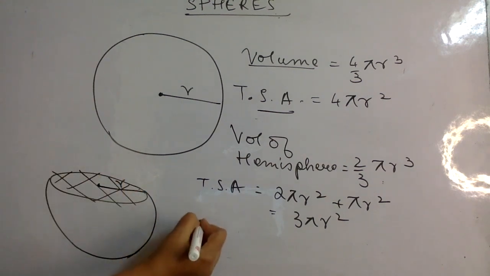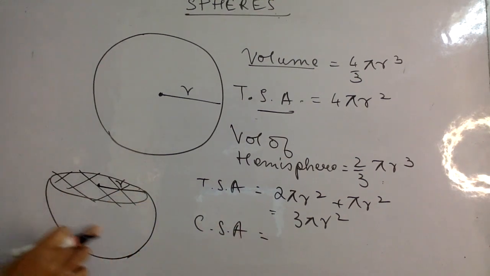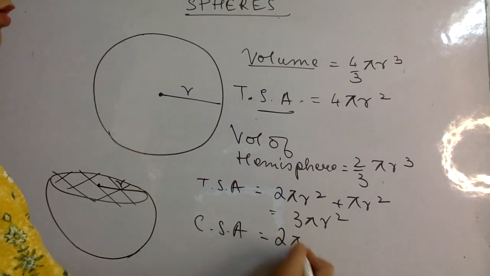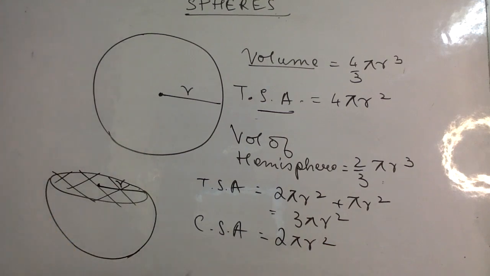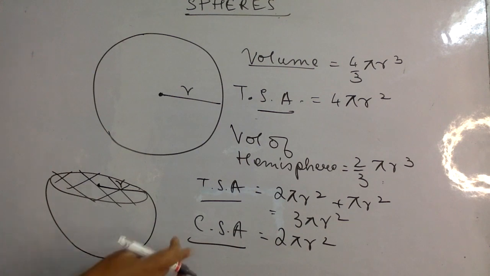Now coming to the curved surface area, if they ask only the curved portion, then it comes to only 2 pi r square. So for a hemisphere we have a different curved surface area and total surface area, but for a sphere we have only the total surface area.